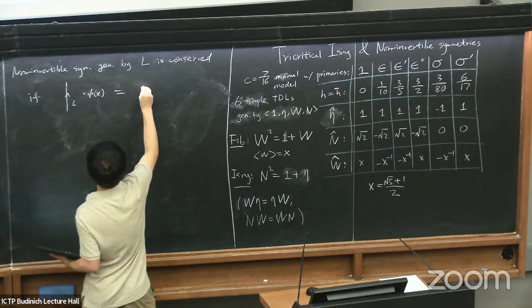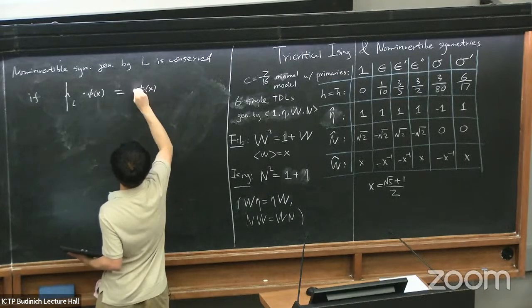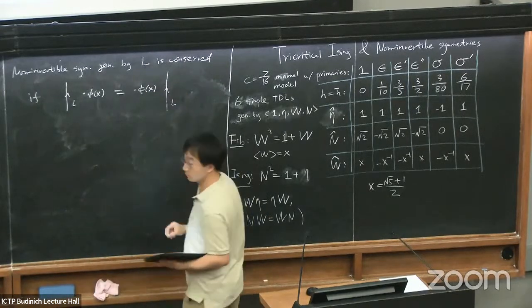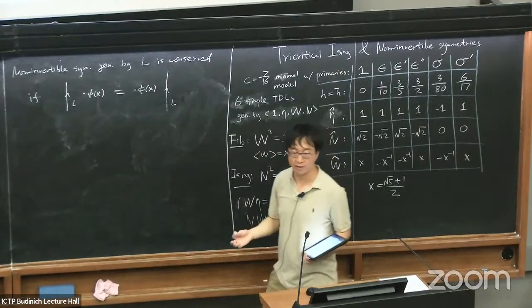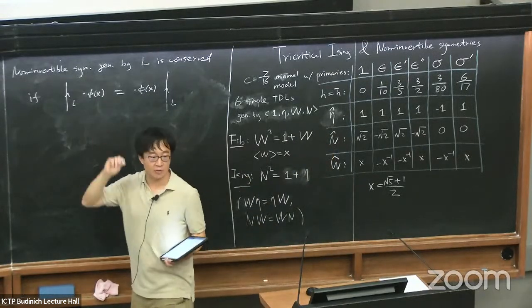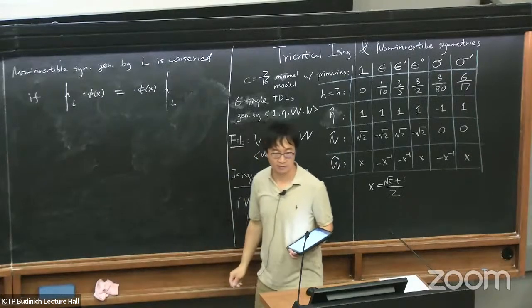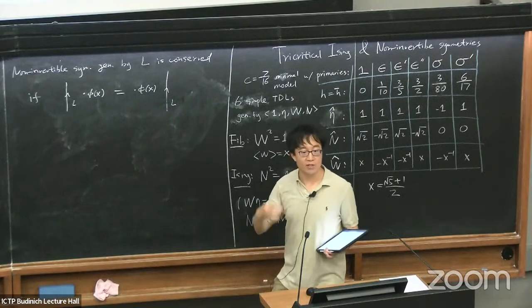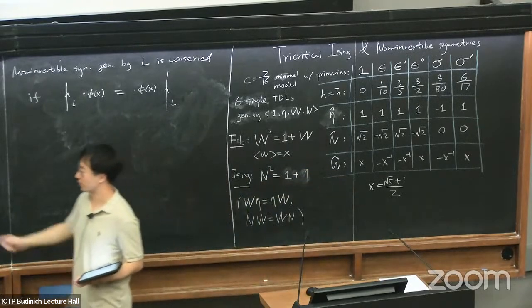We can move it across the operator without introducing any phase factor. Okay? That means it's transparent, just like how the stress tensor is always transparent to topological defects. This ensures that the topological defect remains topological under this deformation.